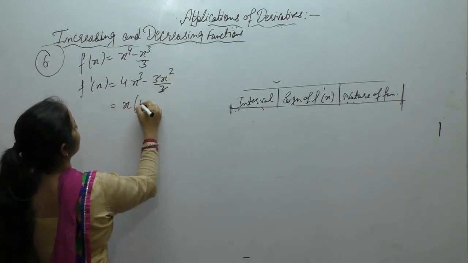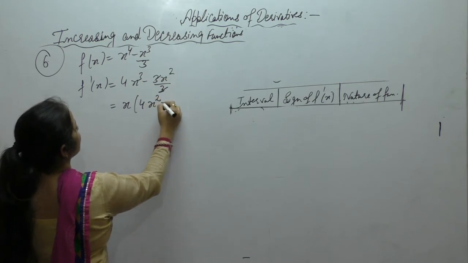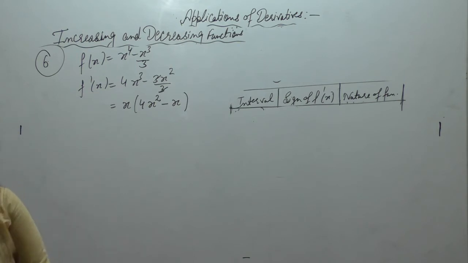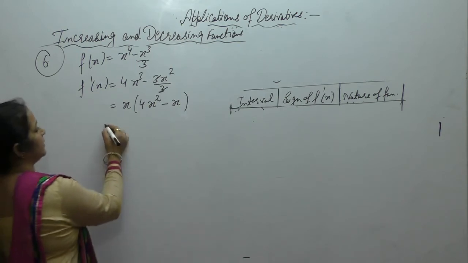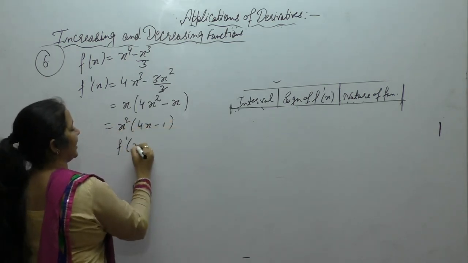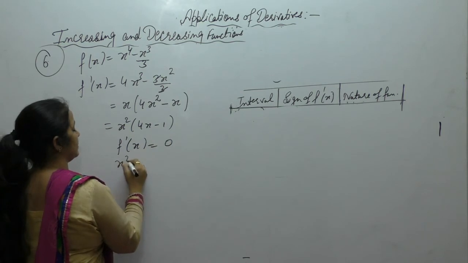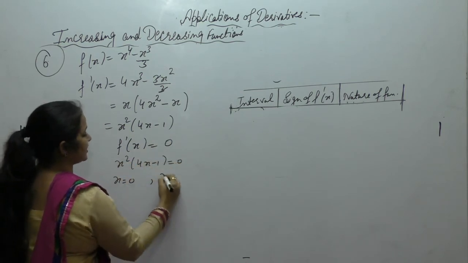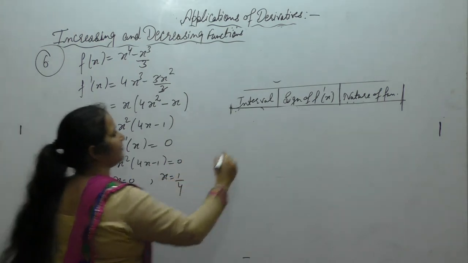Take x common. 4x square minus x. We can take x square common from here. 4x minus 1. Now f dash x is equal to 0. So what we get? Either x is equal to 0 or x is equal to 1 by 4.